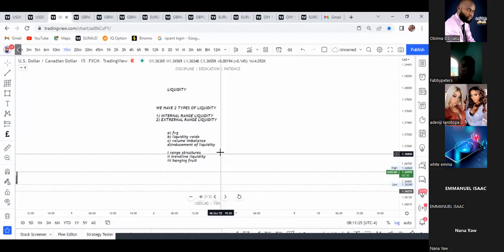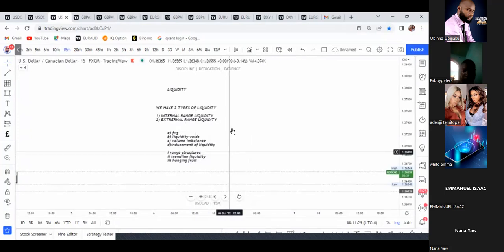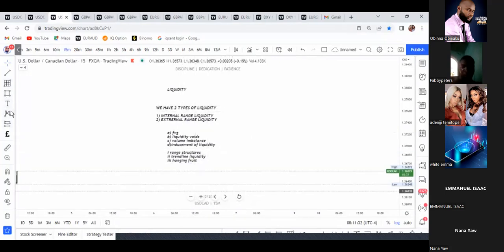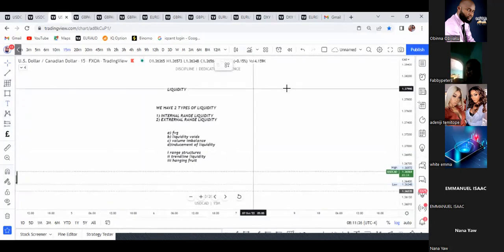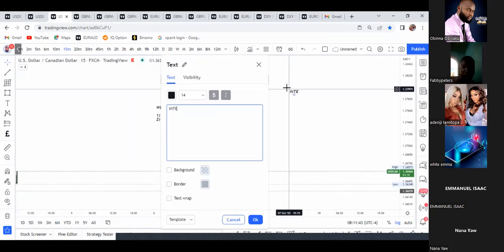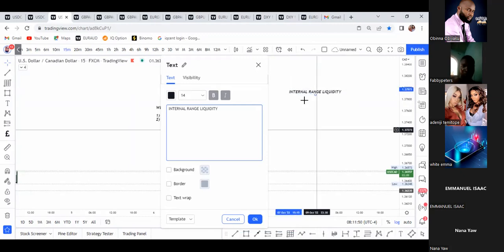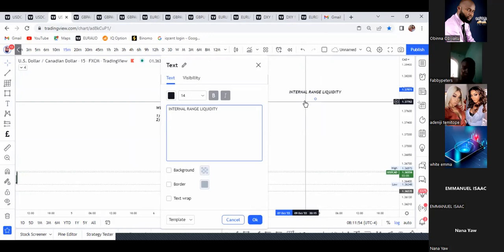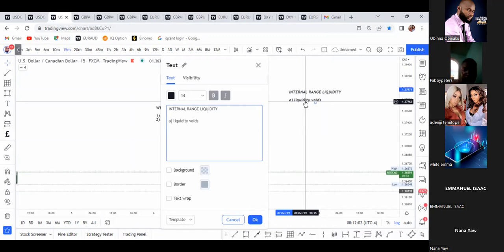So today we're doing internal range liquidity. Under internal range liquidity, we have liquidity voids, fair value gap, and volume imbalances.